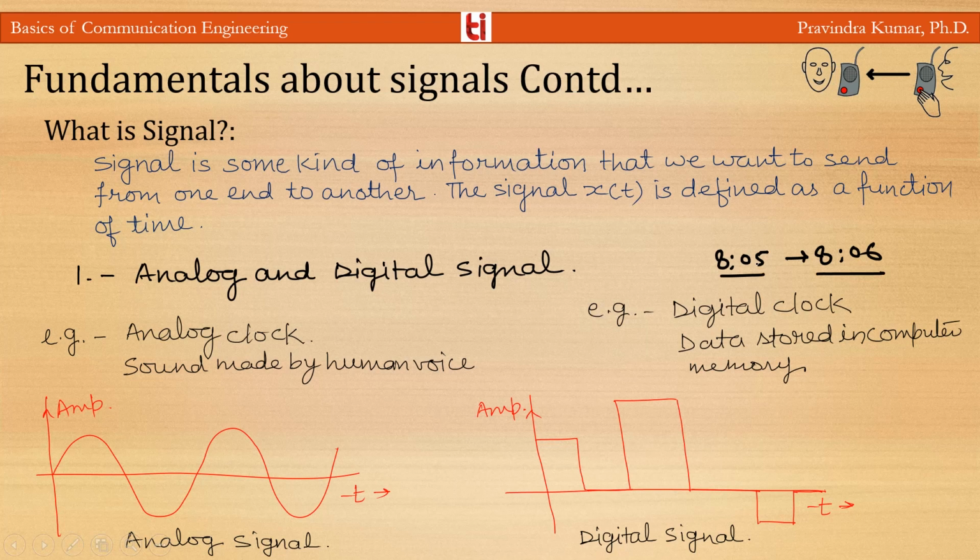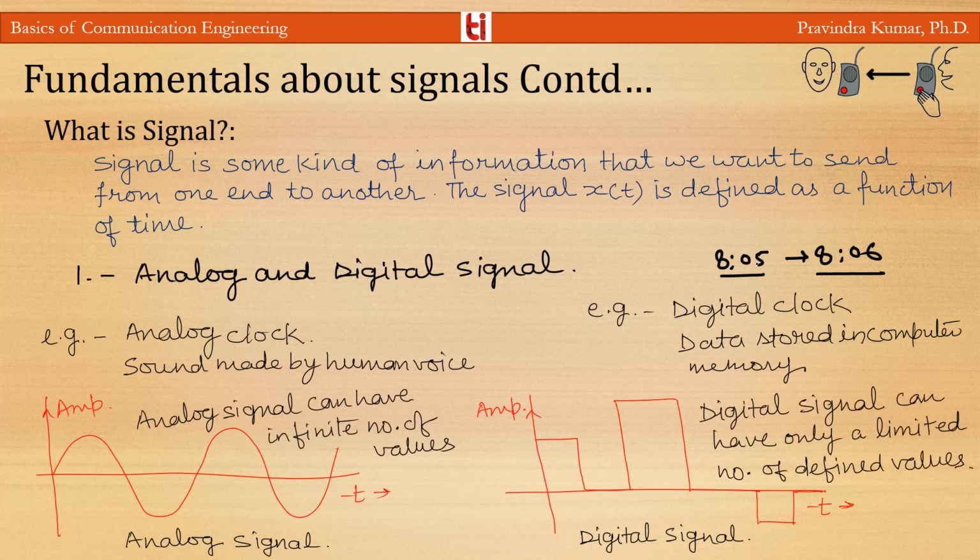Sound made by human voice when someone speaks is an analog wave created in air, and this can be captured by a microphone, whereas data stored in the computer or on a CD is in the form of 0 and 1. So this is a digital signal.